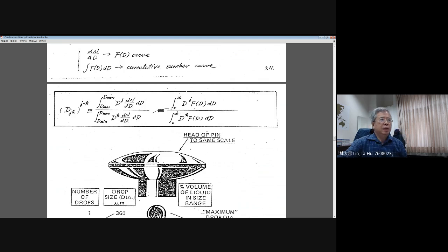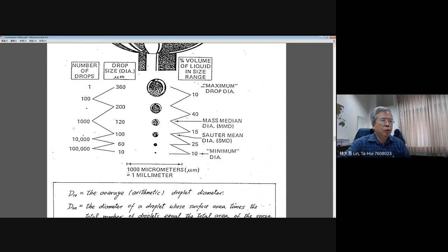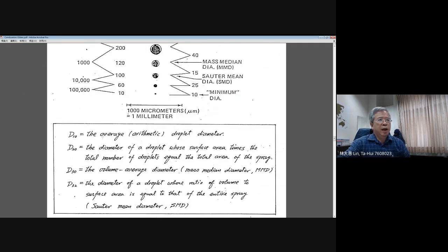The numerator represents the total diameters of your droplets. You use total droplet size divided by total number, so D10 represents the average, or we call it arithmetic droplet diameter. It just gives you the average value for the droplet size for all the droplets.